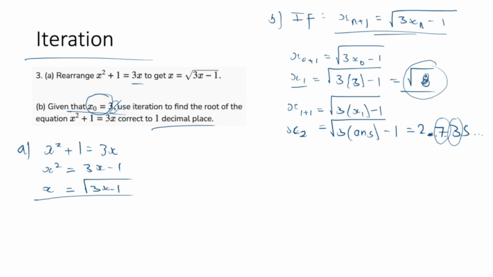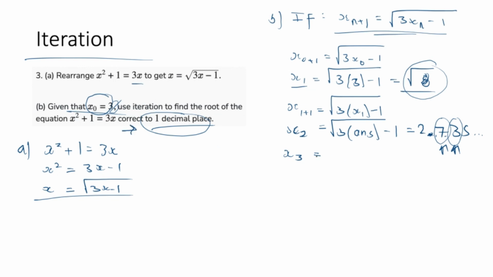And you can find this by continuously repeating the use of this formula. Remember, iteration is a way of finding the roots, so what we're essentially doing is getting closer and closer to the roots. And since we only need to find it to the first decimal place, we just need to find when these two terms are constant, because then the place values after are not important to round to the correct first decimal place.